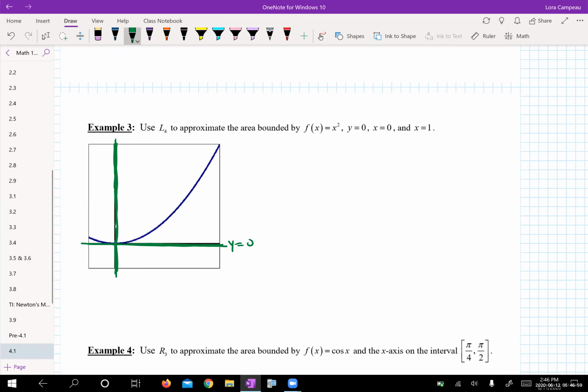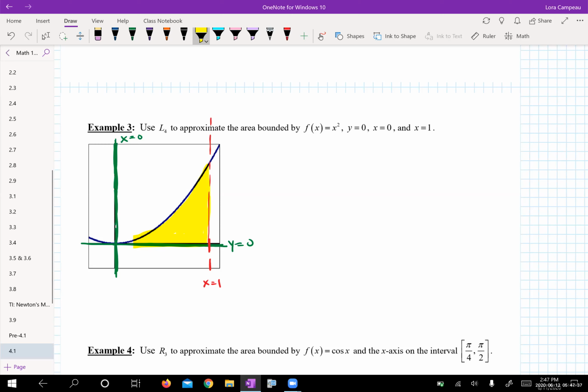That's x equals 0. And x equals 1, I'm going to space it out a bit more and put the 1 over here. So what we're really looking at is the area. It does look like a triangle, but it's a little curvier on top. The hypotenuse is not really a hypotenuse, it's a curve. A lot of times it helps to understand what you're bounding everything by.